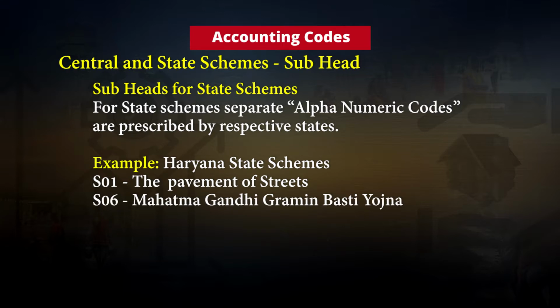Example, subheads of state schemes in Haryana. S01, the pavement of streets. S06, Mahatma Gandhi Gramin Basti Yojana. This kind of codification will be used in Gram Panchayats to maintain the model accounting system or procedure.